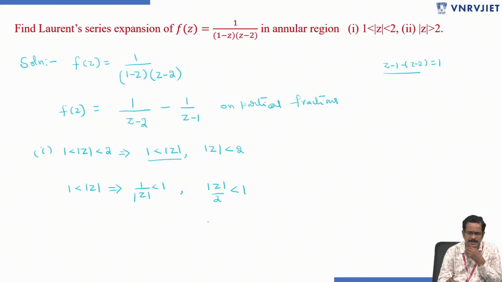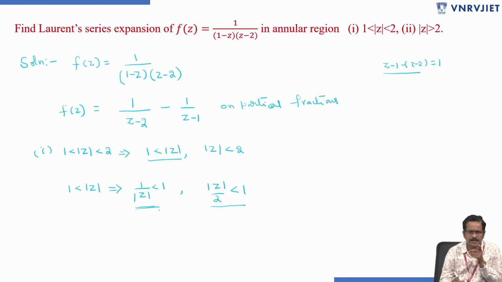Why am I writing like this? The given region is split into two regions, 1 less than mod z and mod z less than 2, and from these I applied the less-than-one region concept, since I gave this concept in the beginning of the Taylor series theorem, where the region of convergence is less than 1.